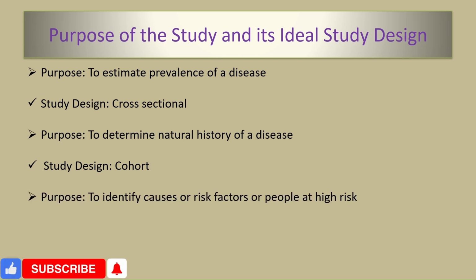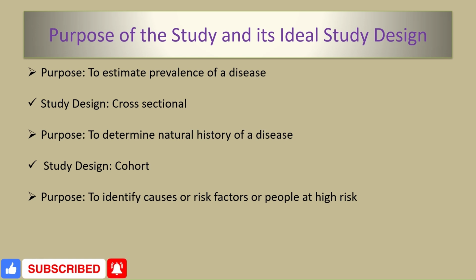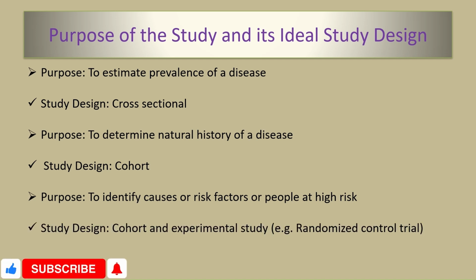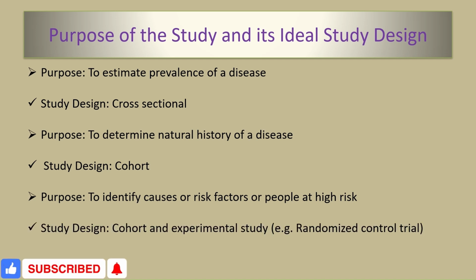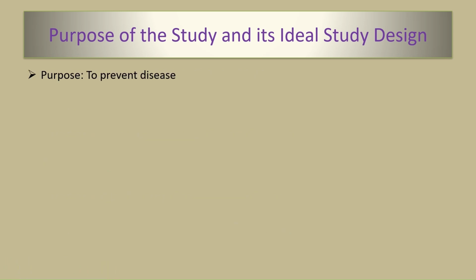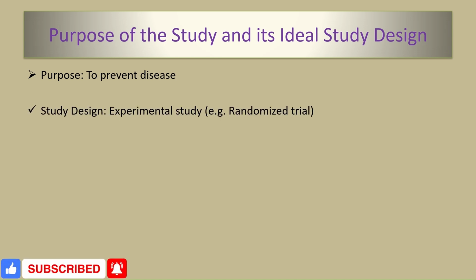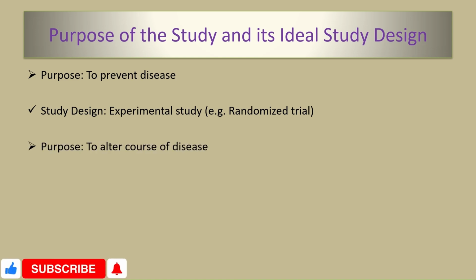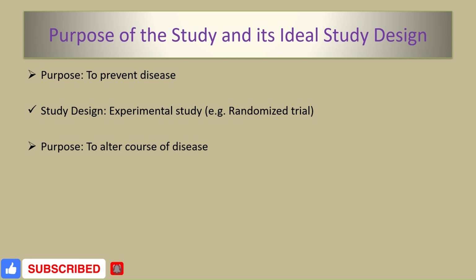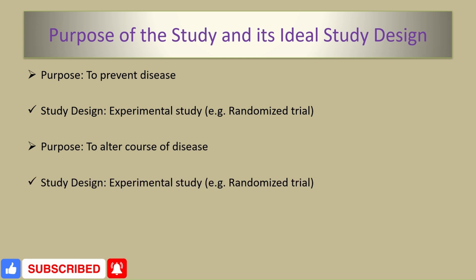To identify the causes of risk factors or people at high risk, we use cohort and experimental study designs. To prevent disease, we use experimental study design, and to alter the course of disease, we use experimental or randomized trial design.